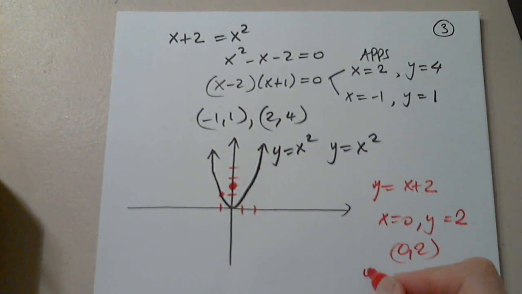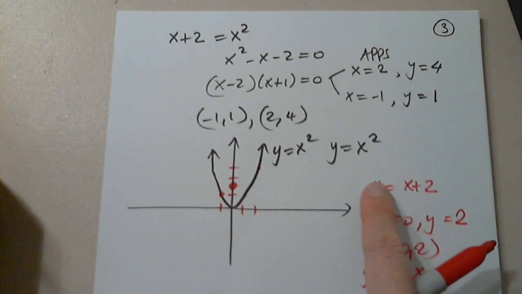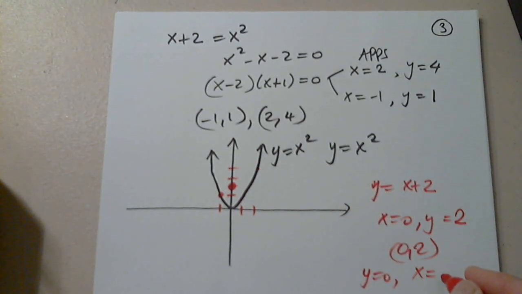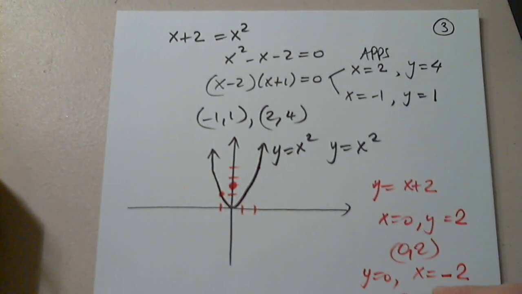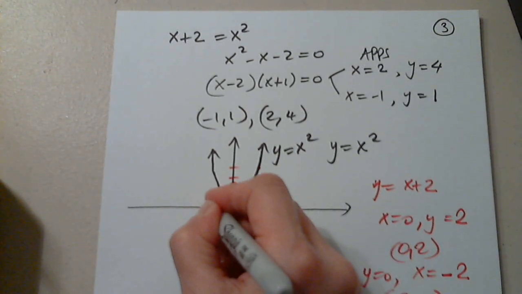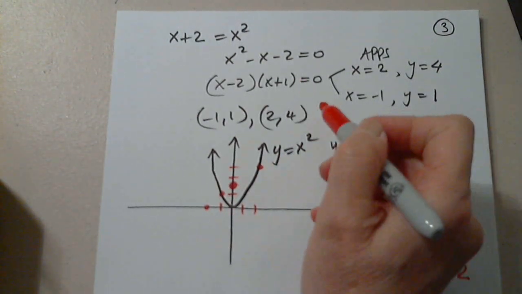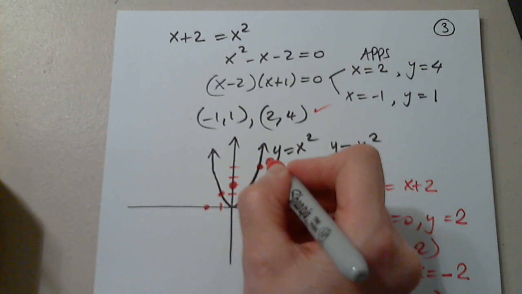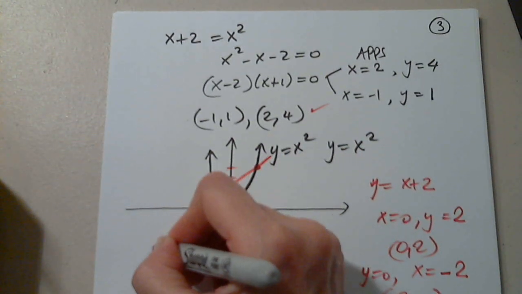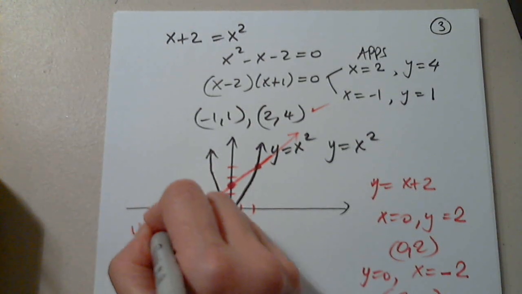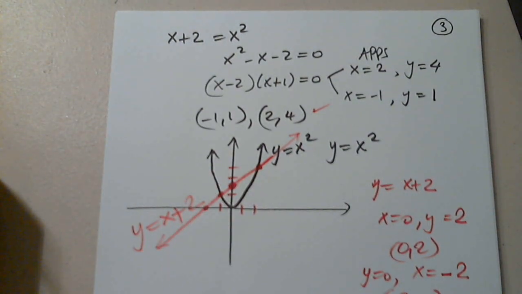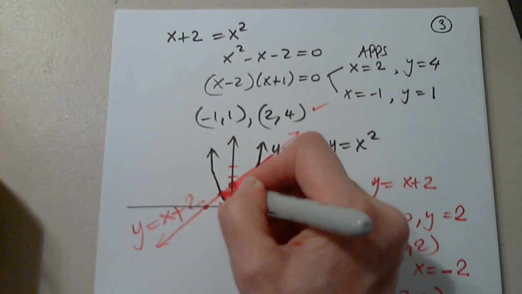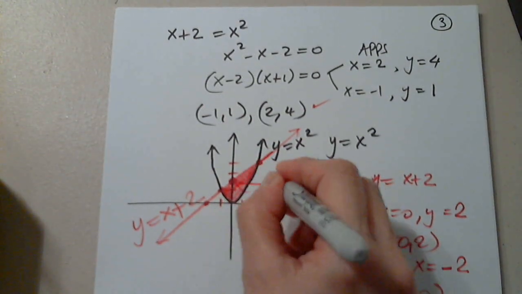Good. Now when y is 0, how much is x? -2. Very good. So -2, 0. So here it is. And we know that they have to intersect. I already determined the points of intersection. This and this. And these are the x and y intercepts. So this is y equals x plus 2. Obviously, this is the area enclosed. That's the area I need to determine.